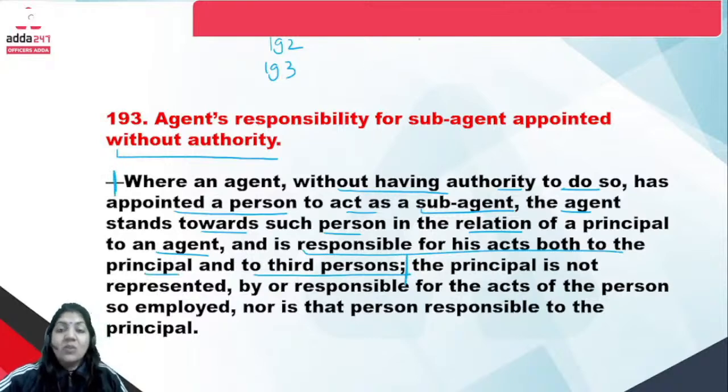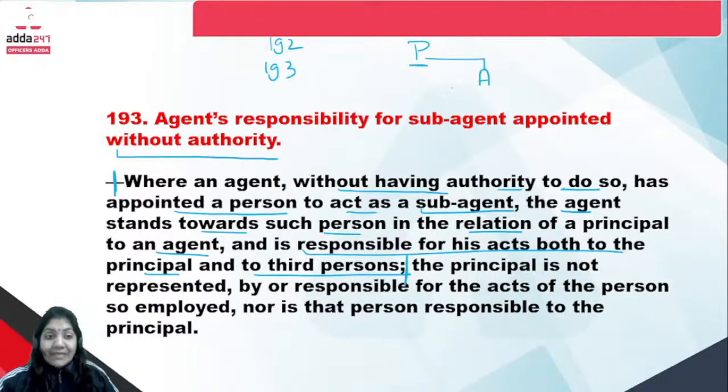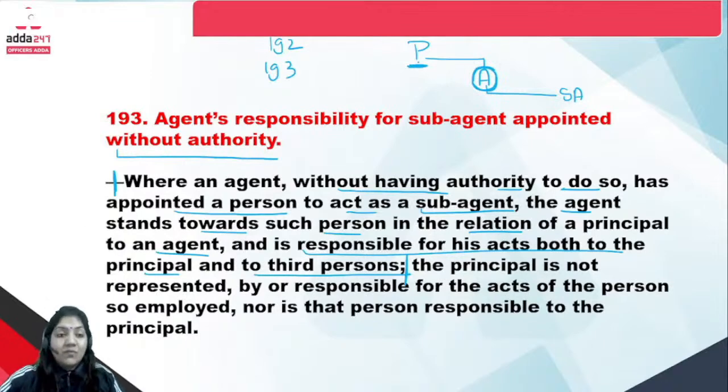See, in 193, the principal is there. Whatever work is done by the agent, the principal will be responsible. But in section 193, if any work is done by the sub-agent, only that person will be responsible, not this person. This is the first paragraph of 193.